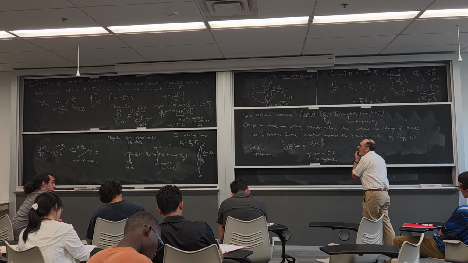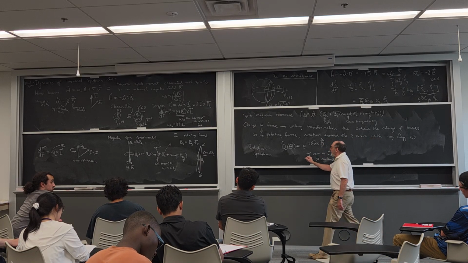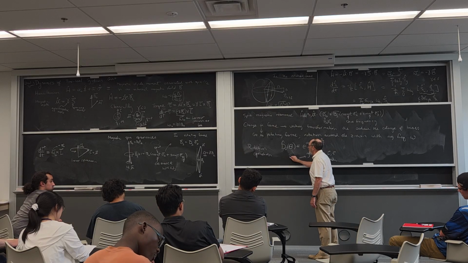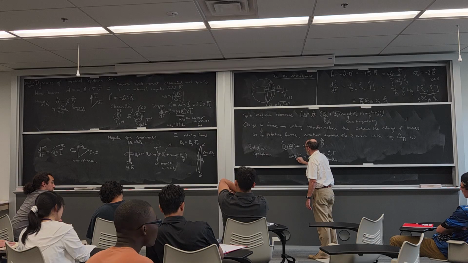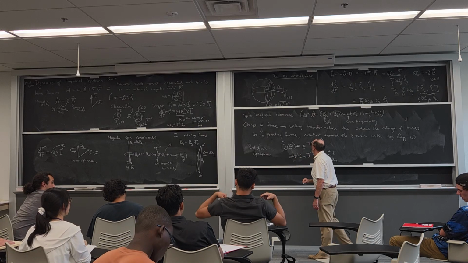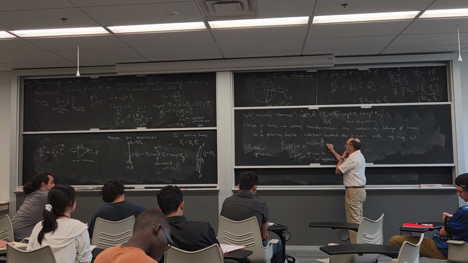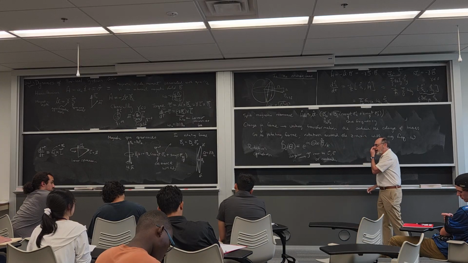Okay, so if J is an angular momentum, and an angular momentum in quantum mechanics we include both orbital and spin, then this divided by h bar is the rotation operator.